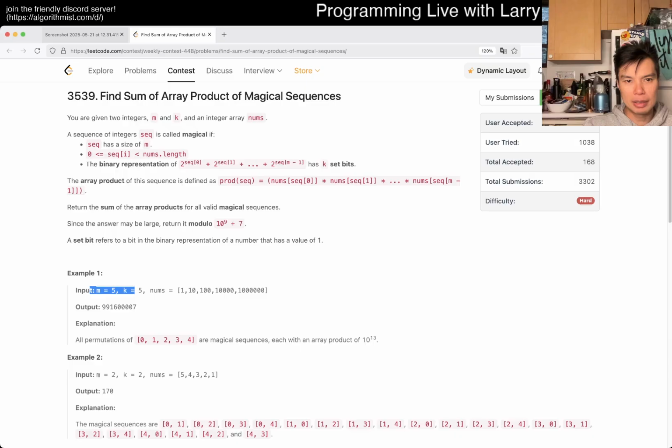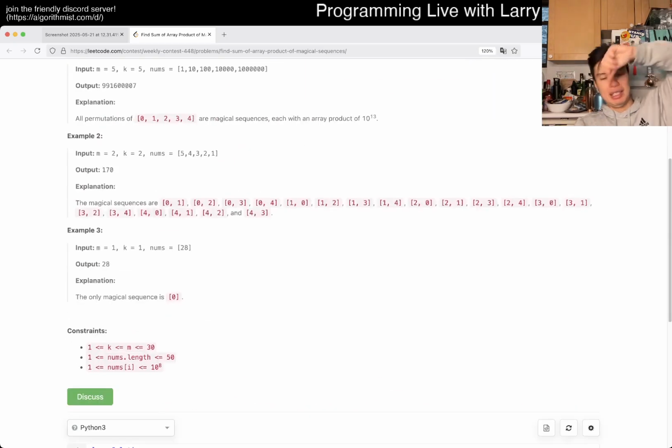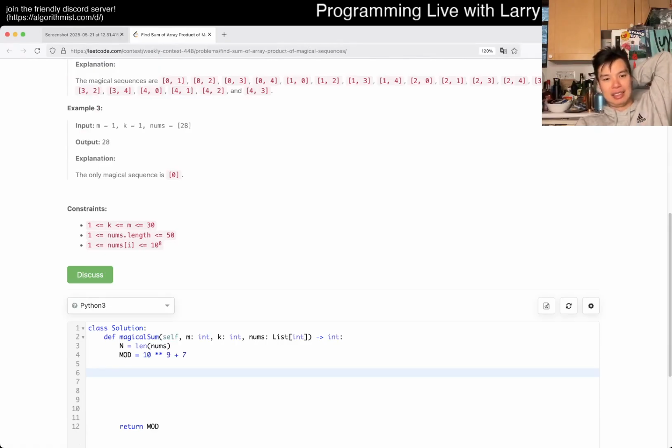What is M again? M is the number of array elements? M is the number of things in the sequence. N is the number of bits, and there's another N that is the length of nums. Okay, so the M, K, N.